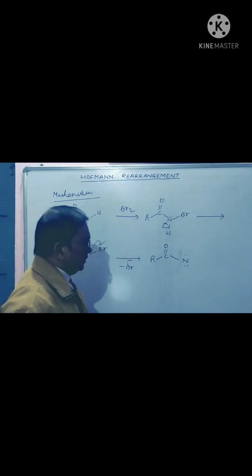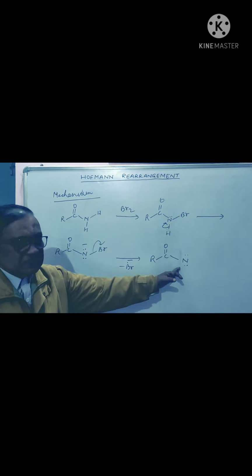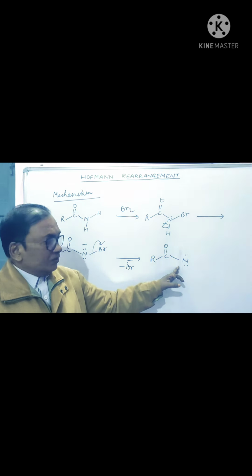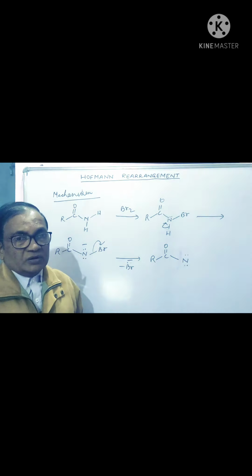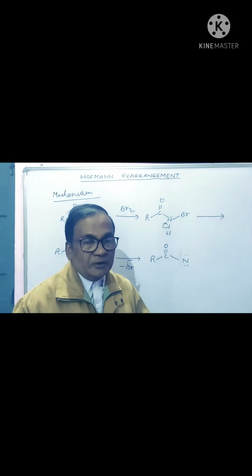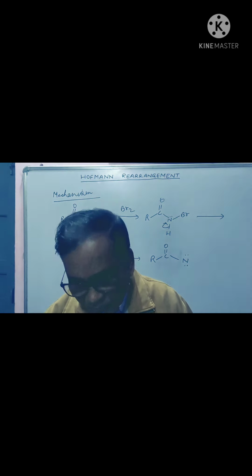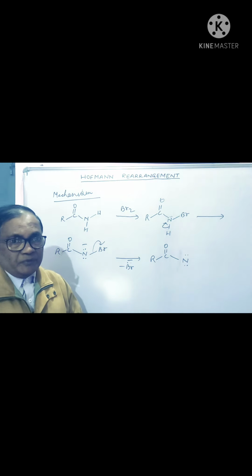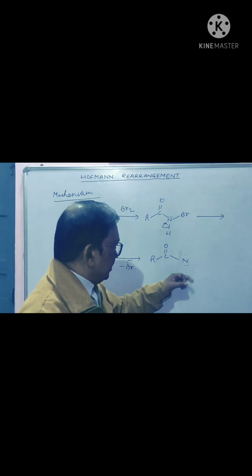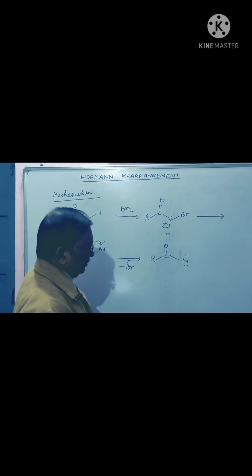Friends, underline it that it is nitrene. This nitrogen has 6 electrons, 2, 2 and 2. There are 6 electrons on this nitrogen, and so like carbene, it is nitrene. It is electron deficient nitrogen called nitrene.